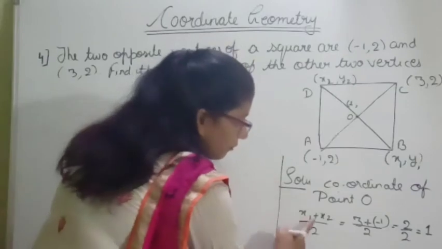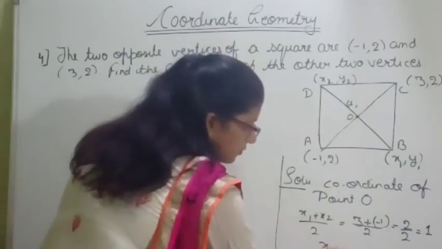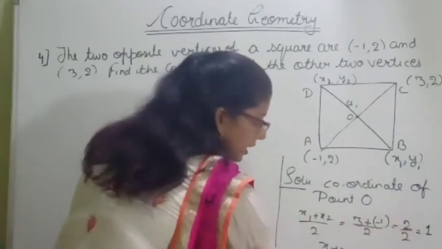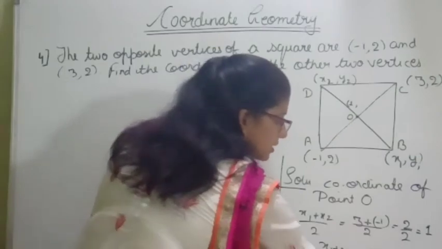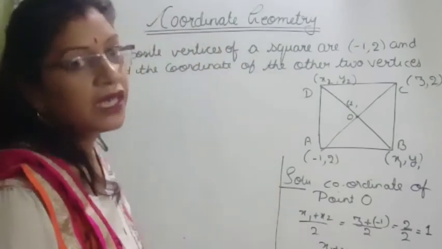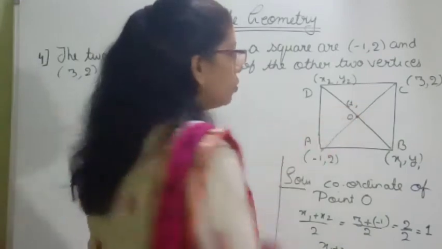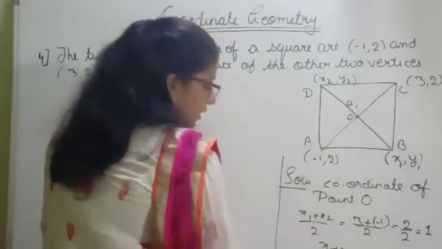And from here one more equation we will get. x1 plus x2 divided by 2 is 1, so sending 2 to the other side, x1 plus x2 is equal to 2. Let me call this equation number 1. In the same way we find the y coordinate, y1 plus y2 divided by 2.